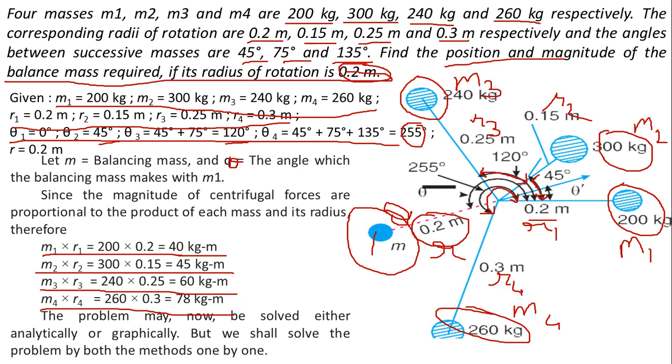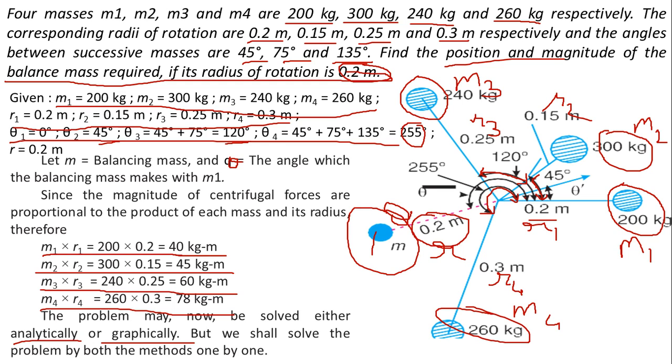Okay, now we will solve this problem by both methods, analytical and graphical. But you can follow any one method in the exam. Okay, I will just give you 2 minutes. You can take down the values and try to get this answer, and even plot this figure.